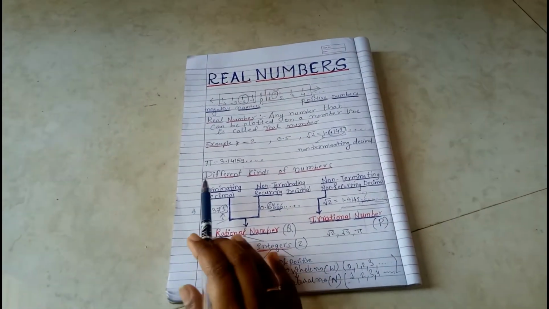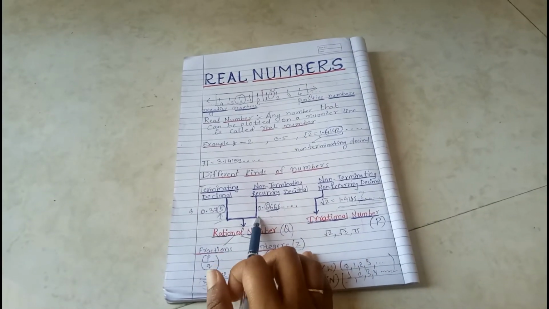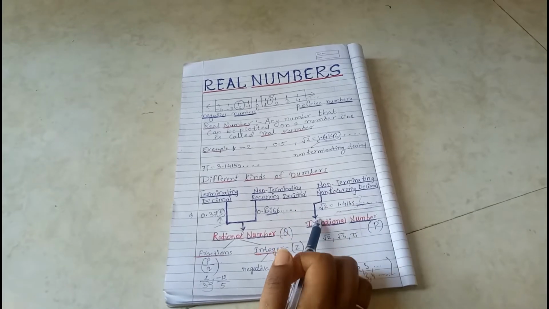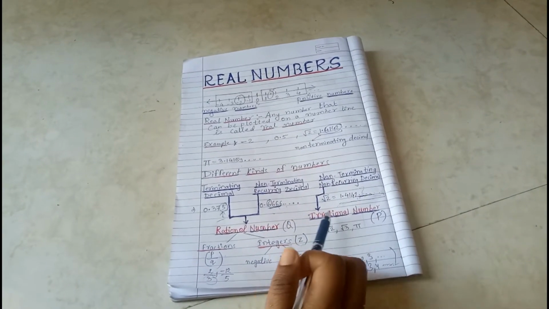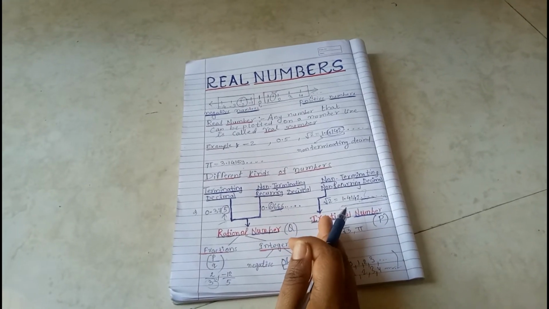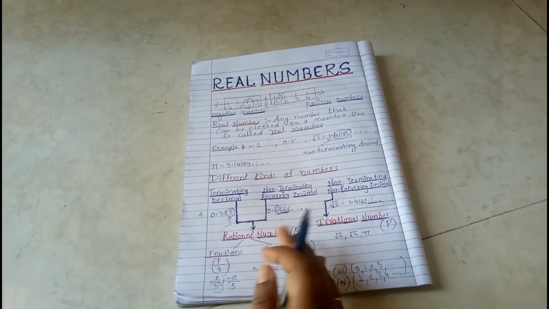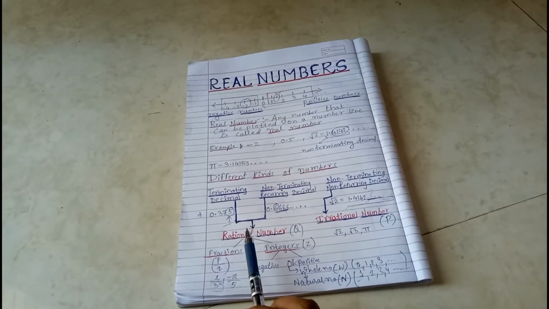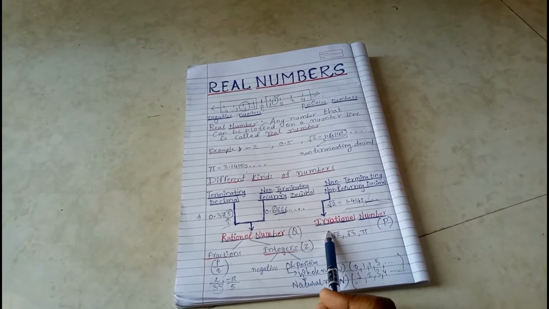Again, terminating and non-terminating recurring decimals are classified as rational numbers, and this other one is irrational. Friends, combining rational and irrational you will find your real numbers. Real numbers means where you will find both rational and irrational numbers.